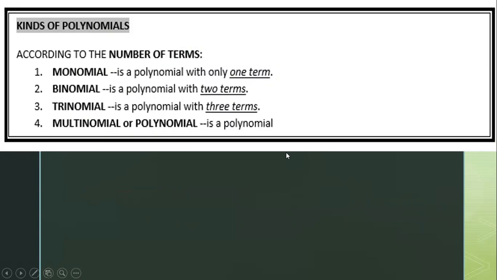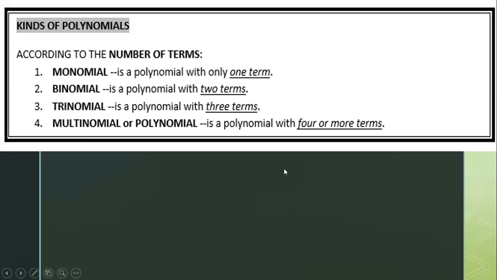Multinomial, or polynomial, is a polynomial with 4 or more terms. Remember, we can call it multinomial or polynomial. Also remember that a monomial, binomial, and trinomial are all polynomials. Now, to avoid confusion, let us call a polynomial with 4 or more terms a multinomial.